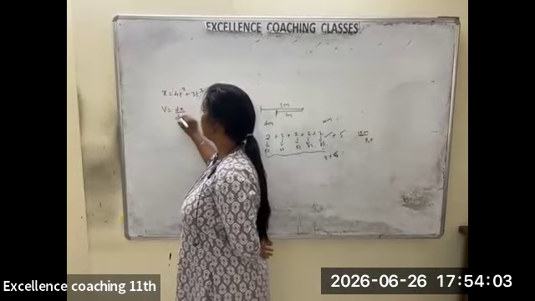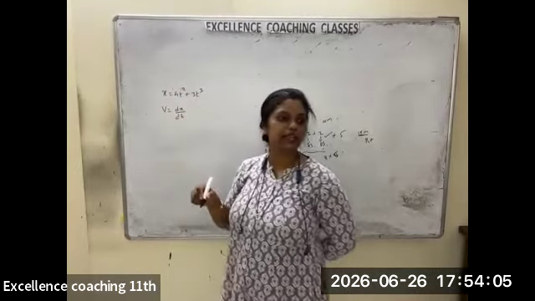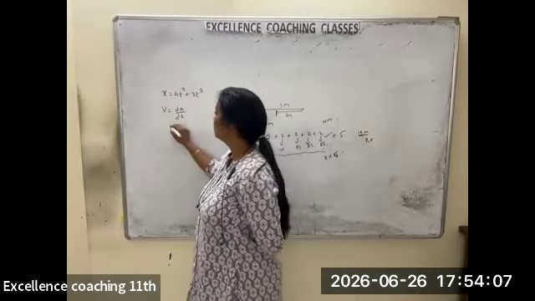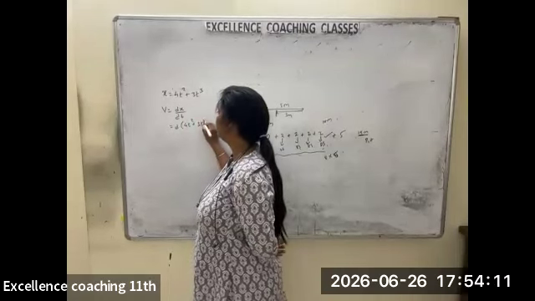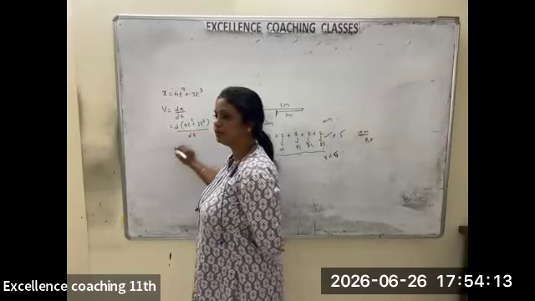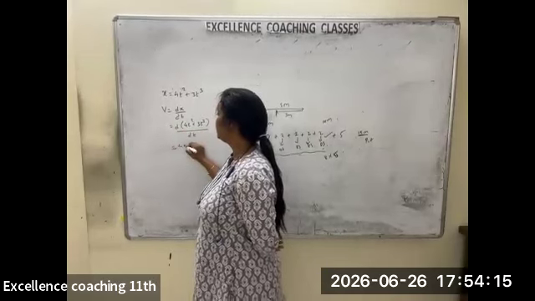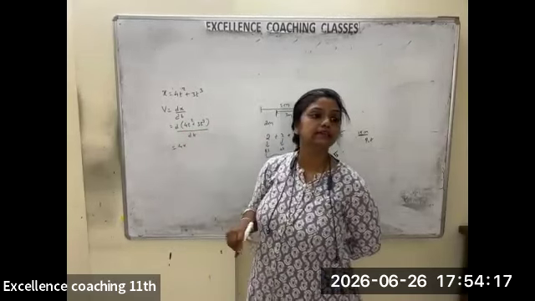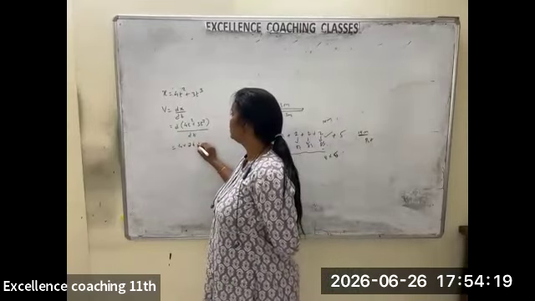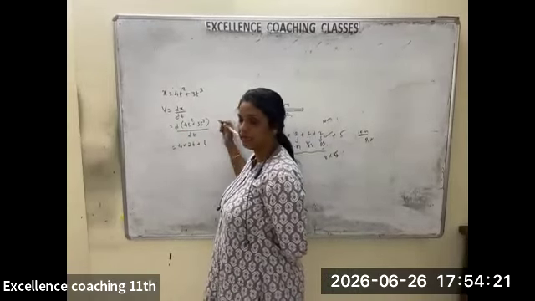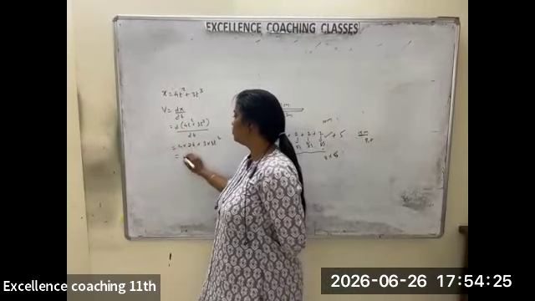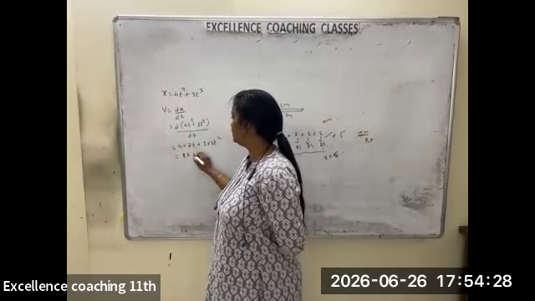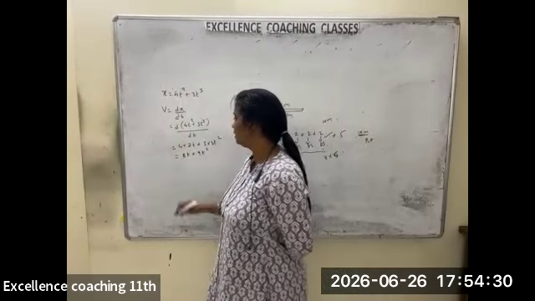It will be dx by dt. You can ignore that i cap and j cap. So d of 4t square plus 3t cube upon dt. What is the derivative of t square? 2t. What is the derivative of t cube? 3t square. So this will be 8t plus 9t square.